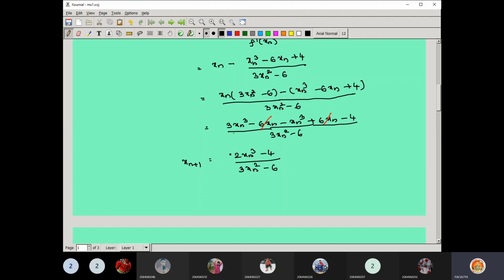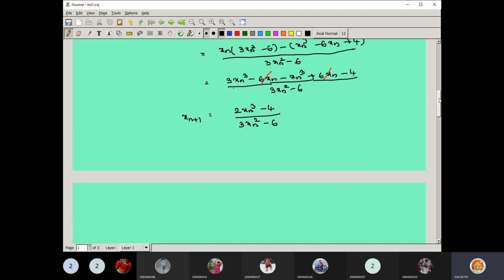Now once you get the simplified value, now you substitute n equal to 0 so that you will get one approximate root. So for n equal to 0 you are getting x1 equal to 2x0 cube minus 4 divided by 3 x0 square minus 6.